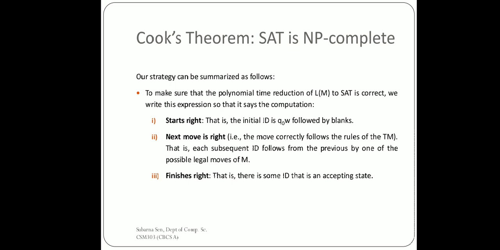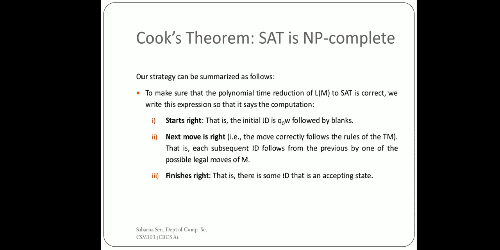Starts right means the initial ID is q0 w followed by blanks. If we can start with the start symbol and move along the path satisfying all the symbols present in w, with blanks after the end of w, then we are starting correctly.